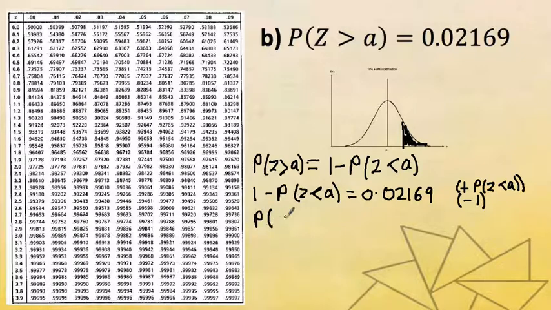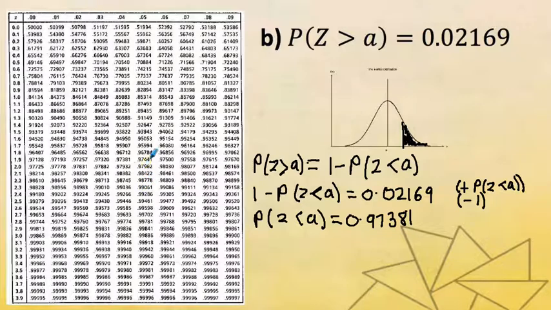So I get that probability Z is less than A is equal to, and when I work that out, I get 0.7831.